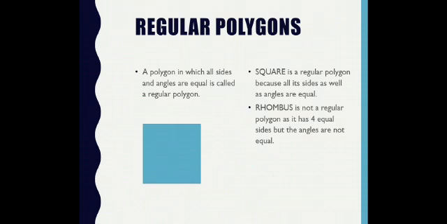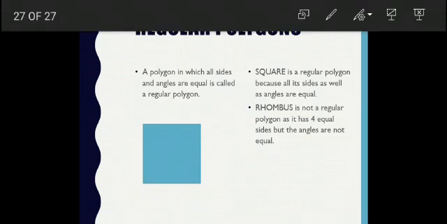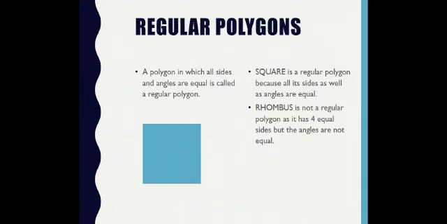But do not get confused, sometimes you might commit a mistake by answering a regular polygon's example, that is a rhombus. No, a rhombus is not a regular polygon, because although all its sides are equal, all angles are not equal. So for a regular polygon the best example is a square.